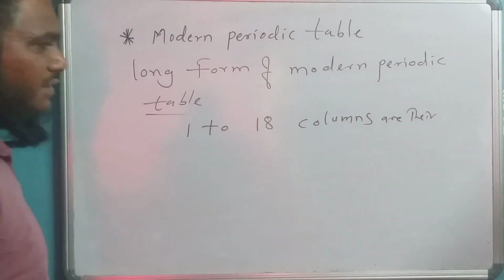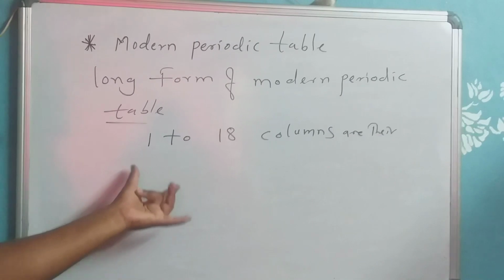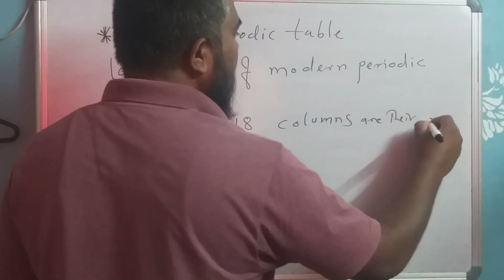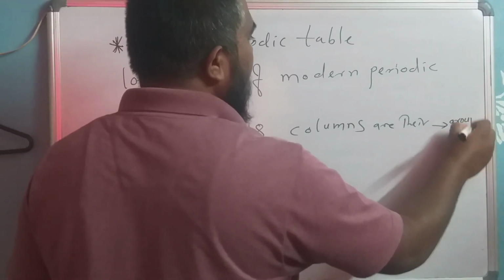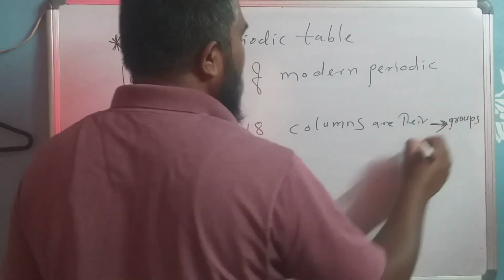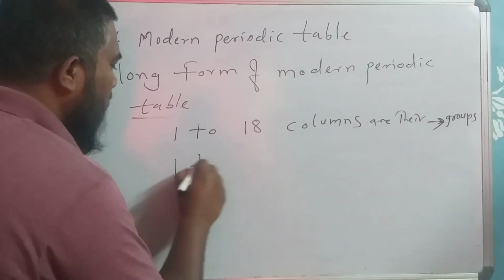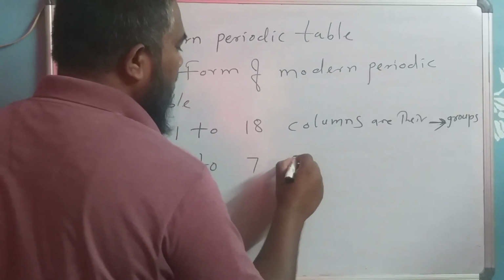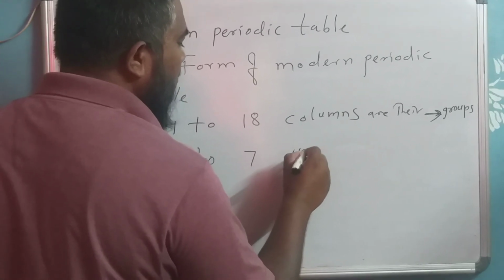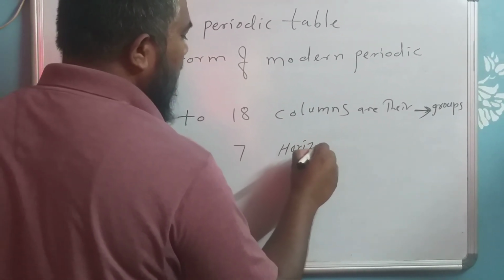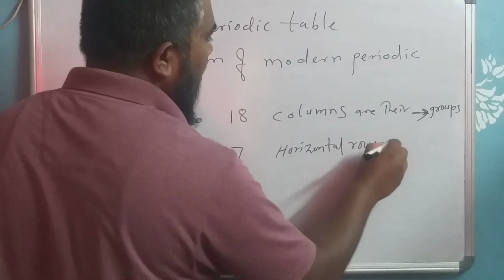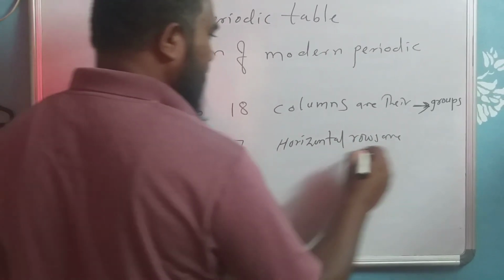They are vertical, and vertical lines are called columns, also called groups. Then 1 to 7 horizontal rows are there, called periods.